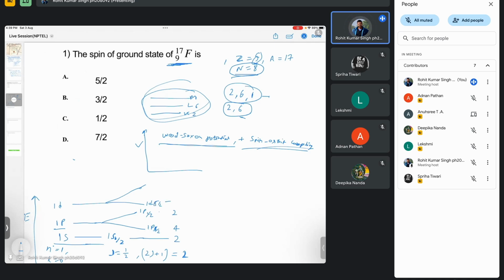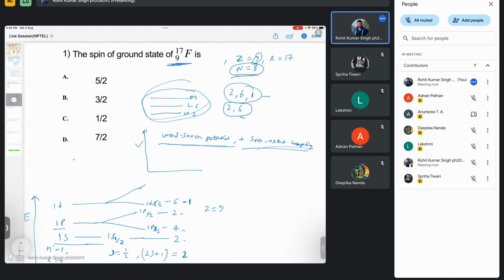So 6 can come here, so I think that is enough, right? So we have 9 protons, 2 4 2, that is 8, and 1 can go here, right?